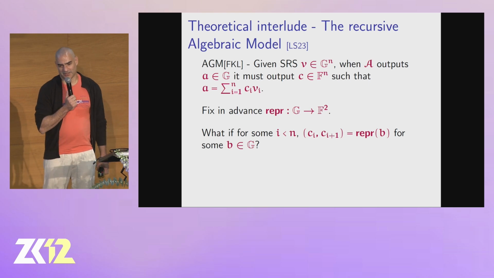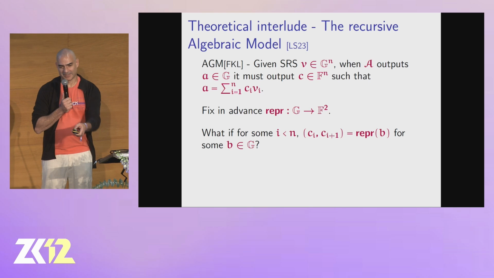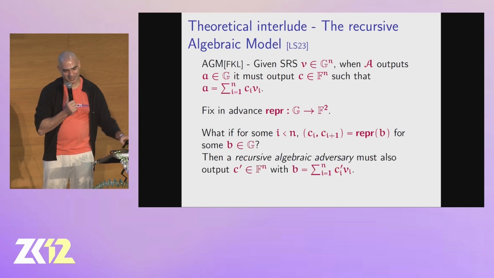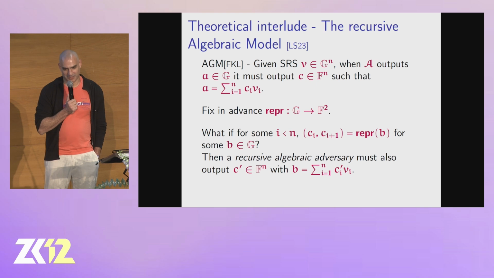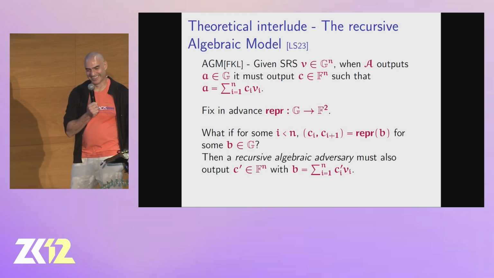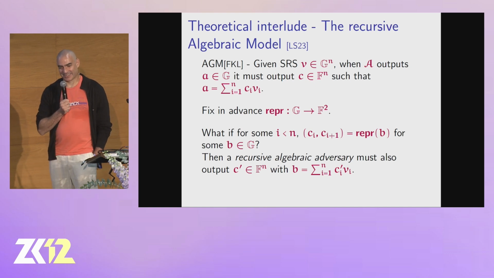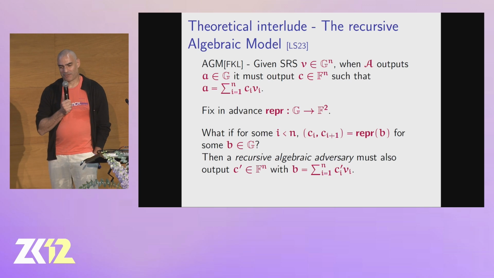And some would say, no, you shouldn't do that. But the recursive algebraic group model says, yes, you should definitely make the adversary's life a bit harder and your analysis a bit easier. And yes, you should demand an explanation of how to also make B from the SRS elements.